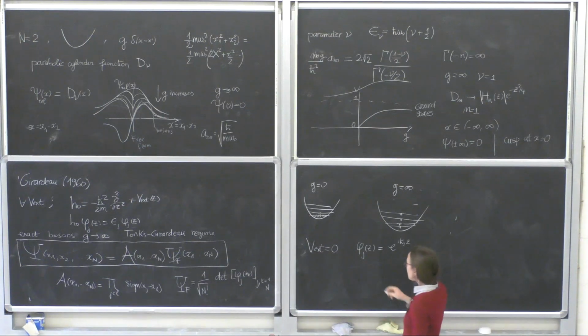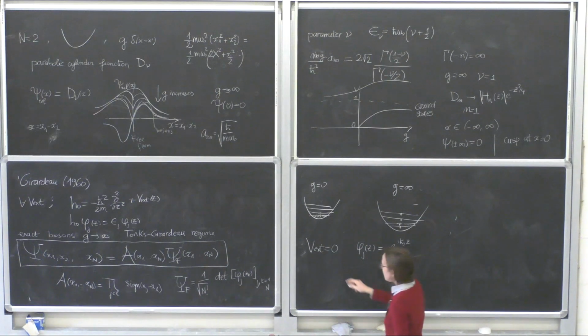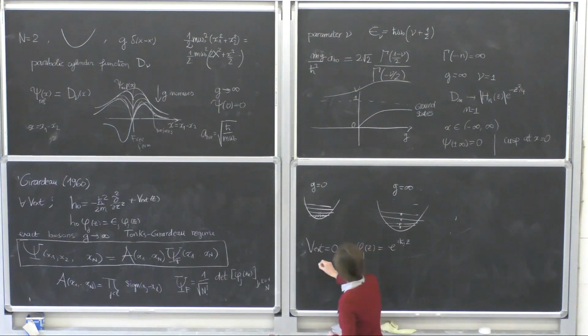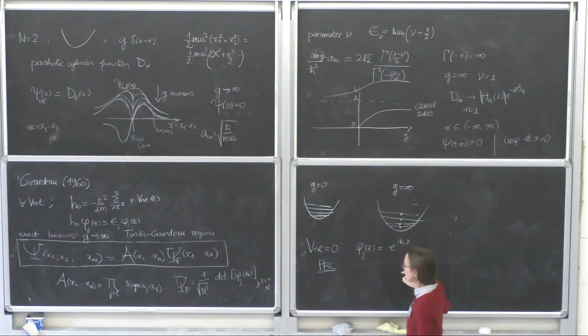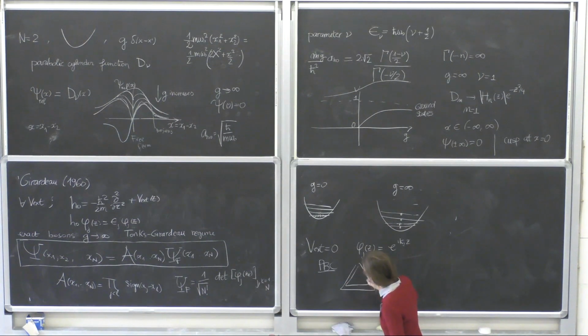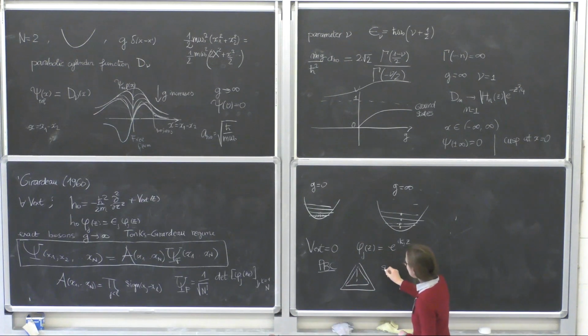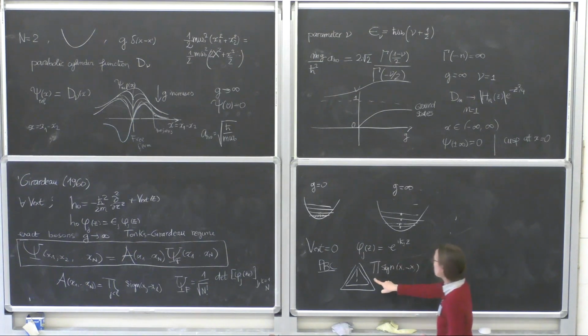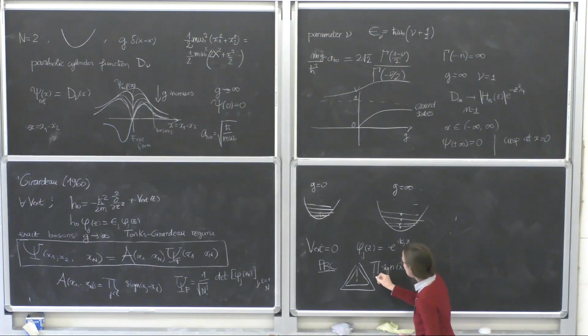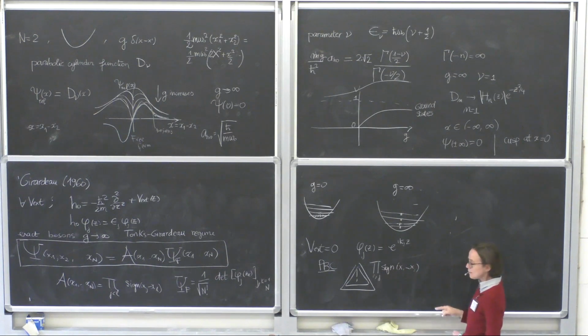And there is a small caveat: when we have no potential and periodic boundary conditions, we have to pay a little bit of attention. I put the attention sign because the product over all i and j of the sign function of xi minus xj is antiperiodic for even n.